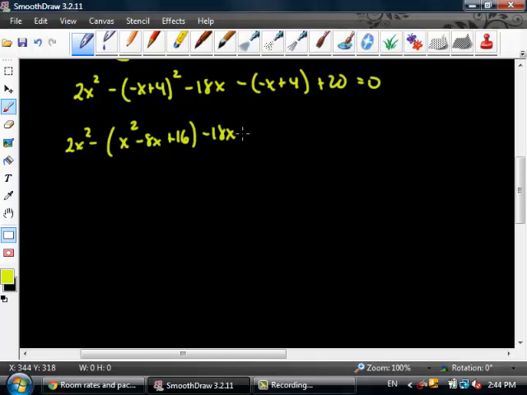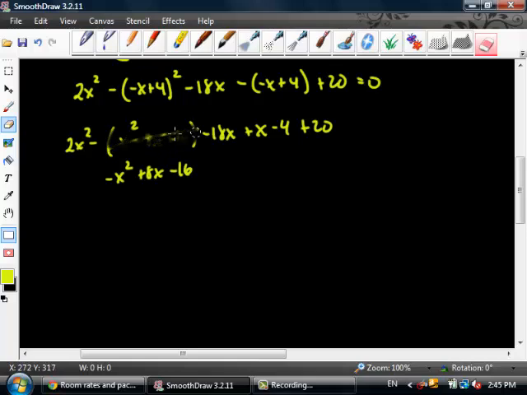Let's see, I'm going to distribute that. That's going to be plus x minus 4 plus 20. When I distribute this negative, it's going to be negative x squared plus 8x minus 16.